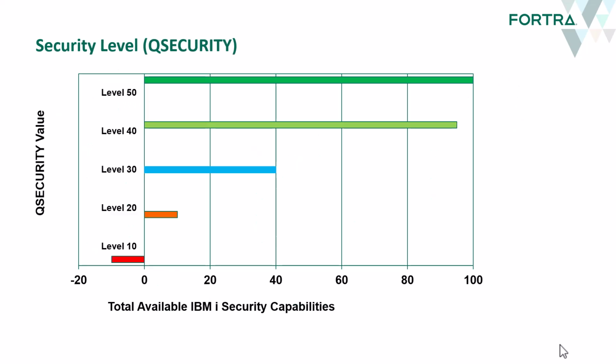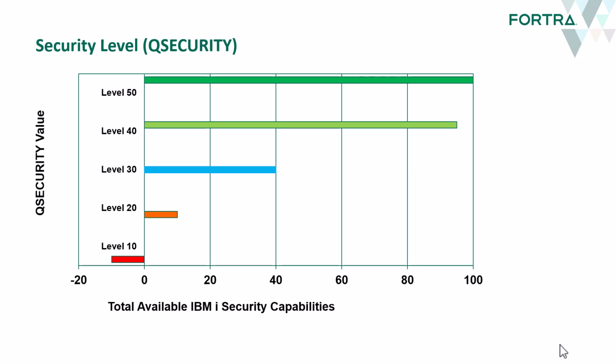The QSECURITY system value is the first place to look to see what the tone of your security posture is on your system. The security levels range from 10 to 50. 40 is the most common secure operating level out there.